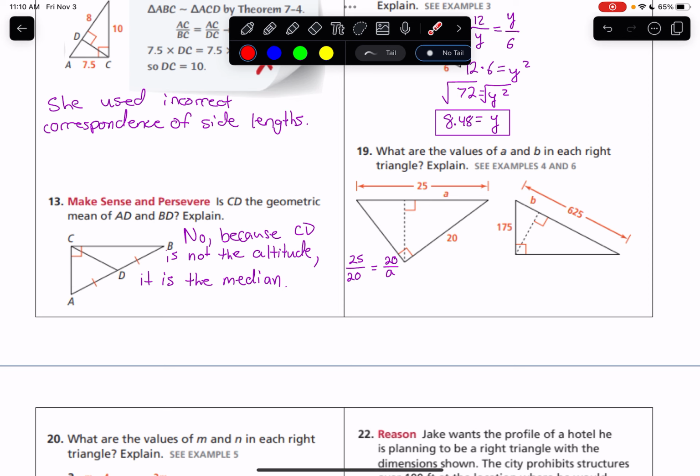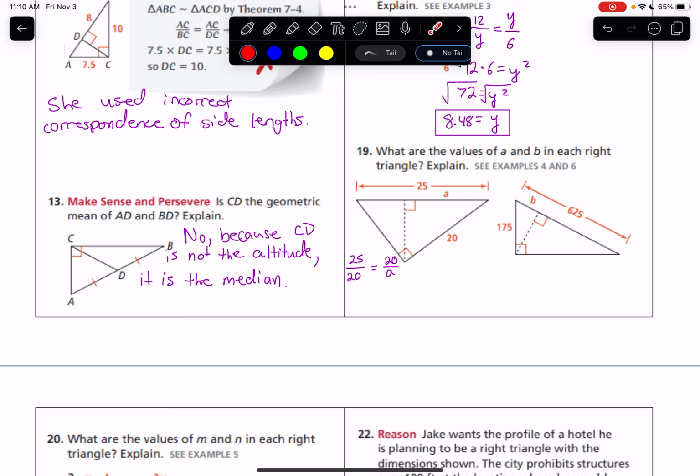In B, we're going to do a very similar process here. We know the proportion that we can make. It's going to be the medium side of the big triangle over the long side of the big triangle. And then we can do the medium side of the medium triangle over the long side of the medium triangle. So I can make this n plus 3 over 16 equals 9 over n plus 3.